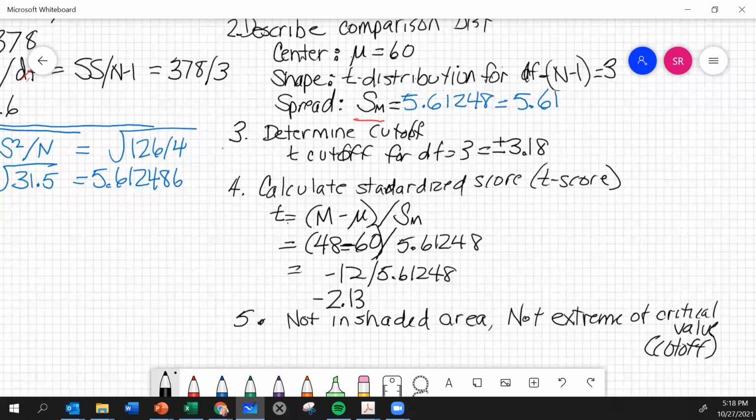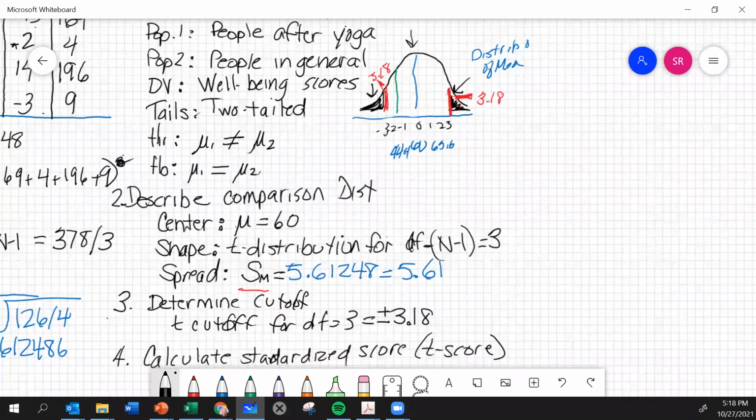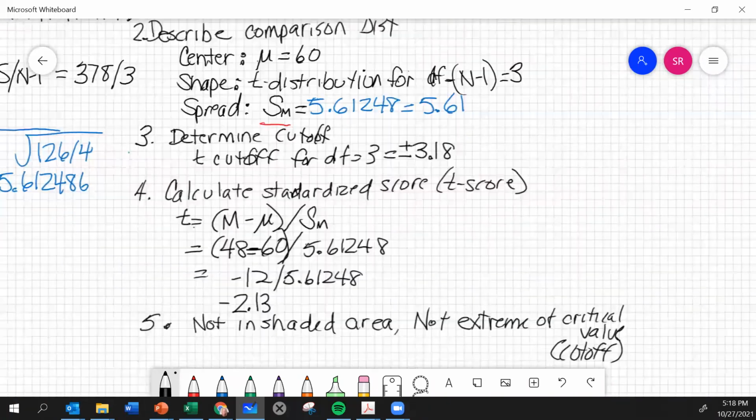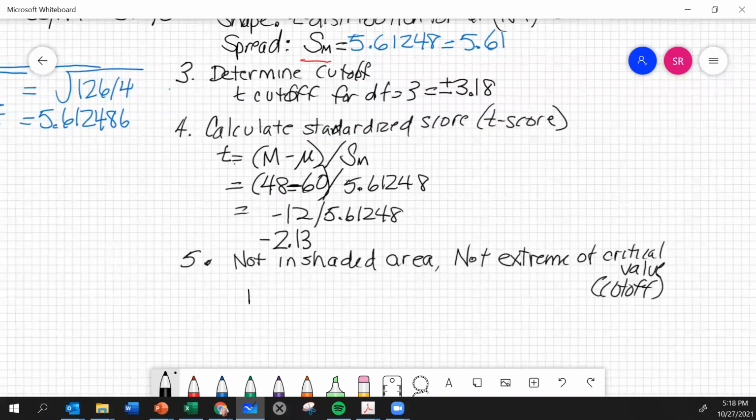And so in this case, because that score falls in this white area, instead of on either side in that shaded area, we fail to reject the null hypothesis.